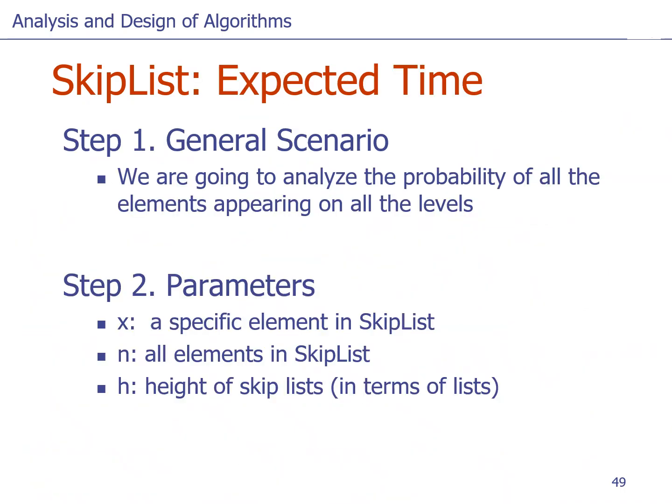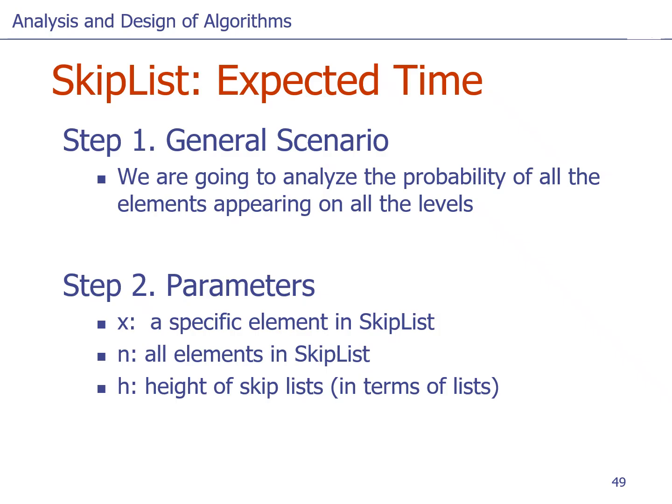So in the general scenario, we're going to analyze the probability of all the elements appearing in all the levels. Isn't that what you're actually afraid of? That we do this random process, we toss a coin, typical random process, but we end up with an unlucky situation, the disastrous situation where most of the levels are populated with most of the elements. So it becomes O of n squared, of course.